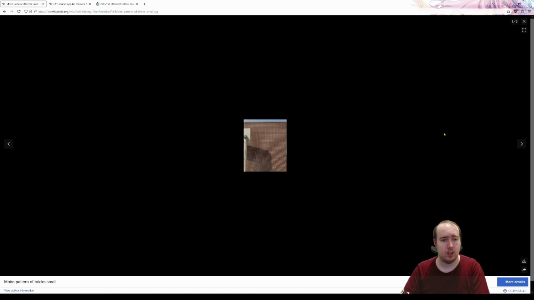So for example, if we take this photo of this brick wall, and the brick wall is very much a repeating pattern, and we sample it at a grid, as we do when we draw on a computer screen, then we get these waves here, and these low frequencies that aren't actually in the original image. And these low frequencies are called aliasing.